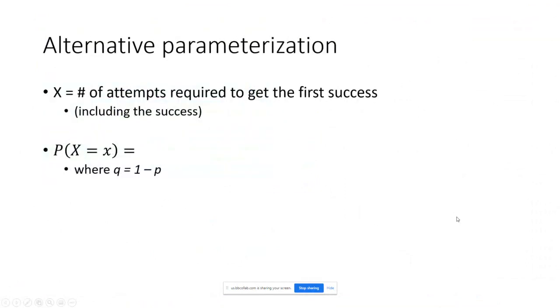All right. Something to be aware of with the geometric distribution is that there's also an alternative parameterization where your random variable x represents the number of attempts required to get the first yes result, including the yes.